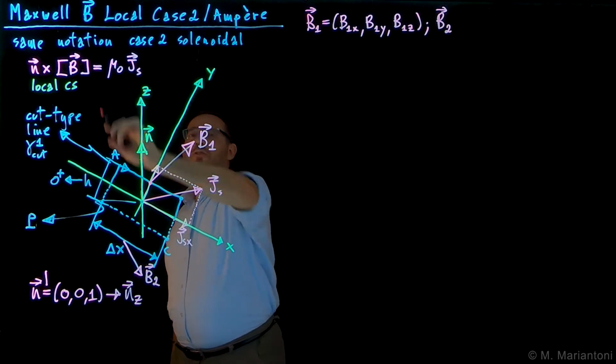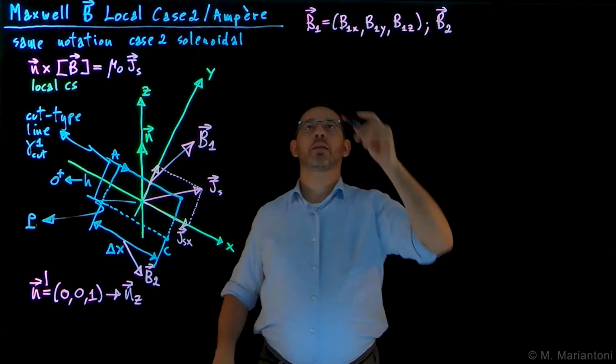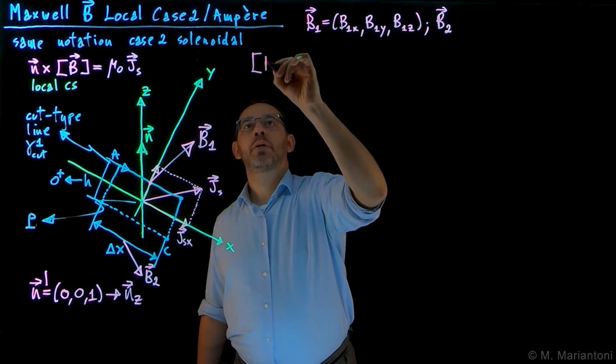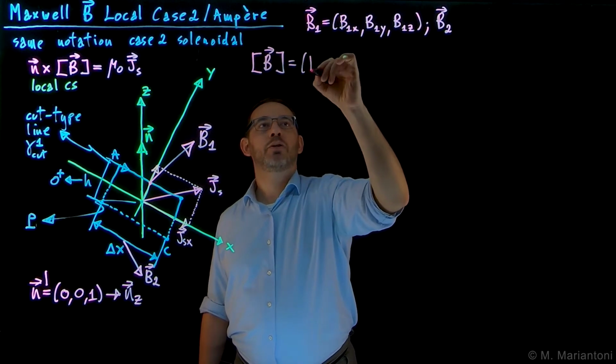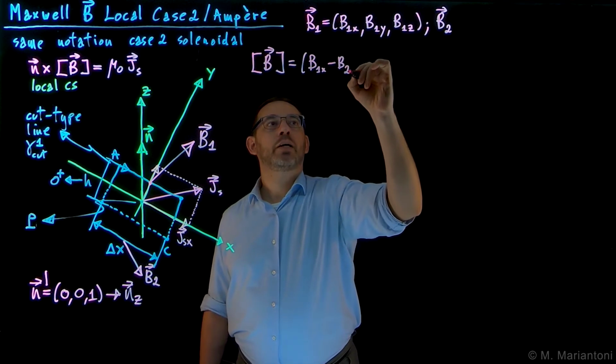What about the strange symbol, the bracket? That's what people use to identify the difference between two coordinates. So this means that the bracket B vector is the difference component by component. So it's B1x minus B2x.